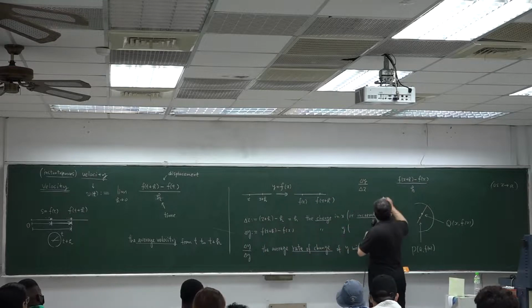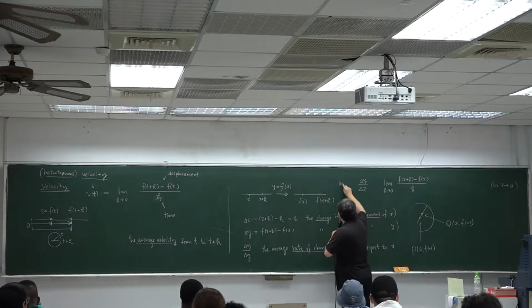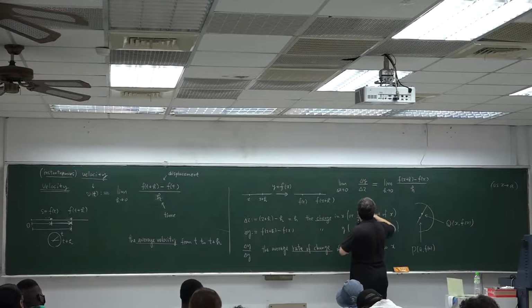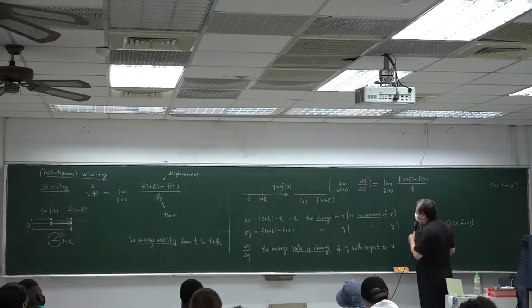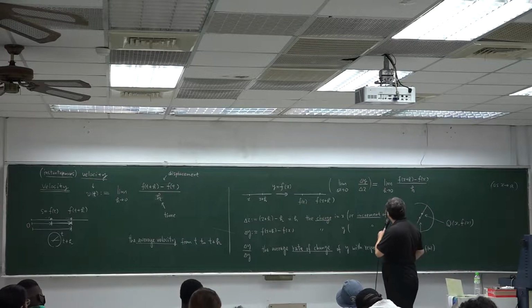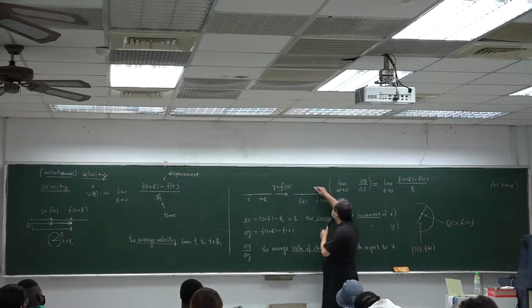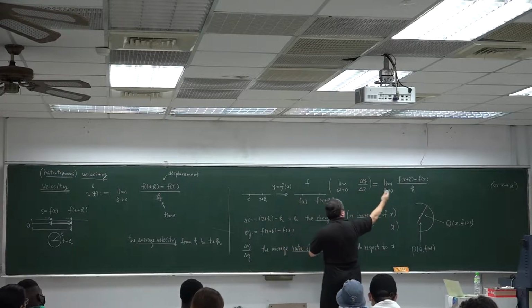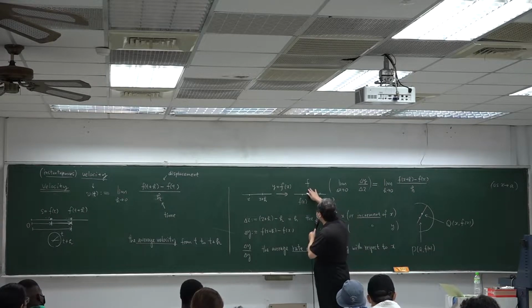Finally, if we take the limit, and if this one exists, then we use this notation. This number, if it exists, is related to this function f and to this number x.